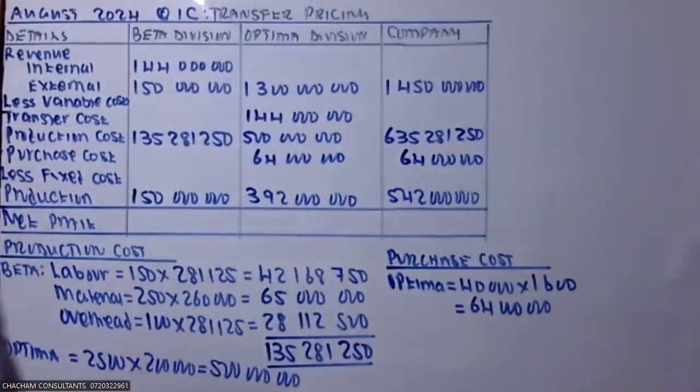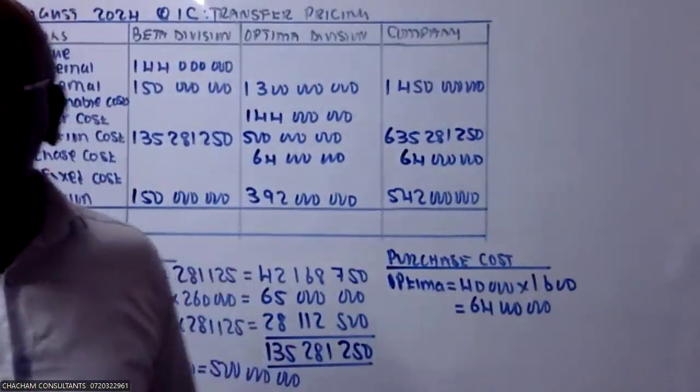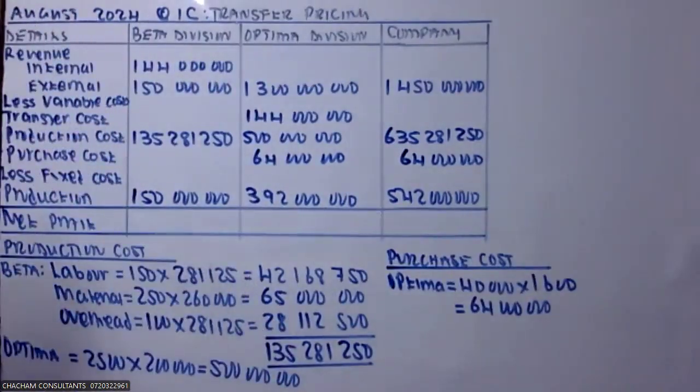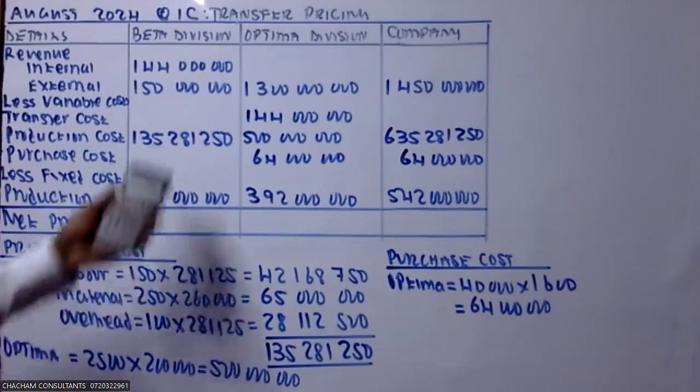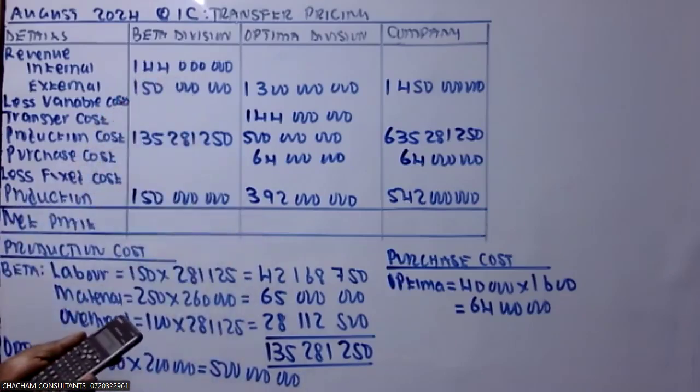So get the profit now. Here you will say 144 million plus 150 million, the two revenues. Then you minus the 135,281,250.